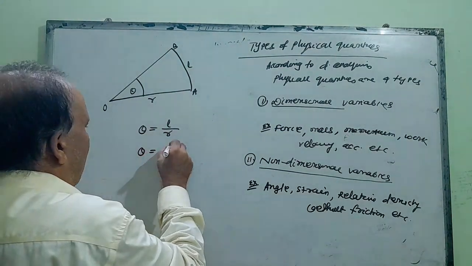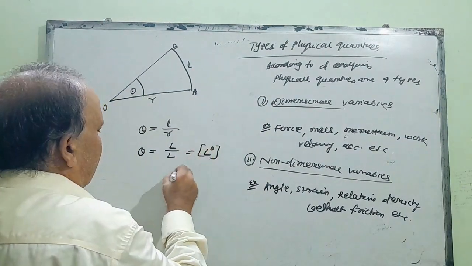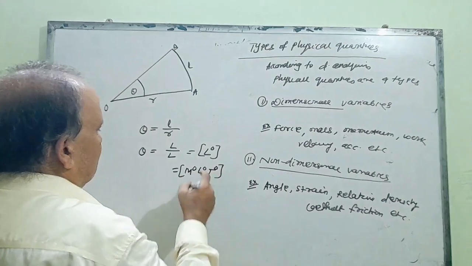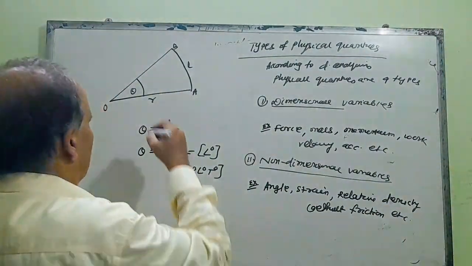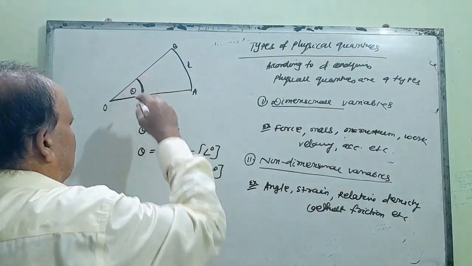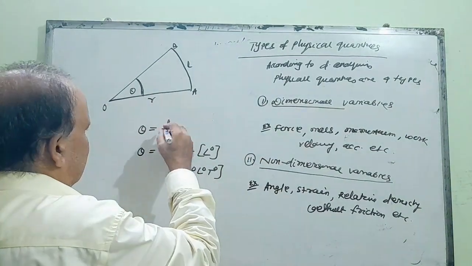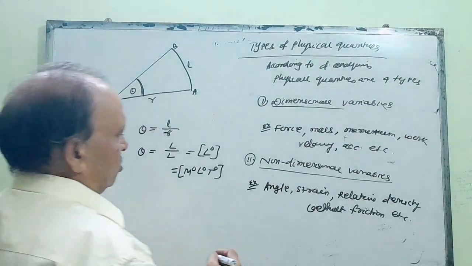So theta is equal to L by L, that is equal to L0, or we can write M0 L0 T0. So this is a non-dimensional variable. Angle varies from 10 degree, 60 degree, 20 degree, like this, but it has no dimension, and its dimension is 0, 0, 0.